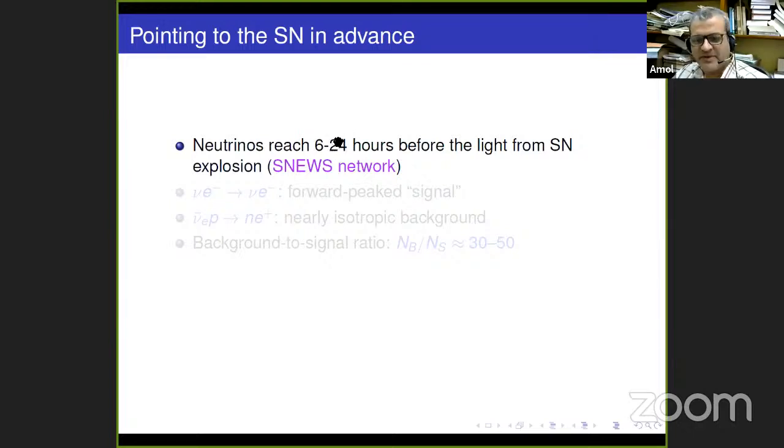And as was mentioned in the public lecture on the first day, there is a network called SNEWS, the Supernova Early Warning System, which gives you a sort of warning saying that a supernova is perhaps about to occur in our galaxy in the next day or so. So those who are interested, please turn your telescopes to a particular region in the sky. Which region, I will come to. Okay, so that is of course our aim, to find out where the supernova is going to appear in the sky.